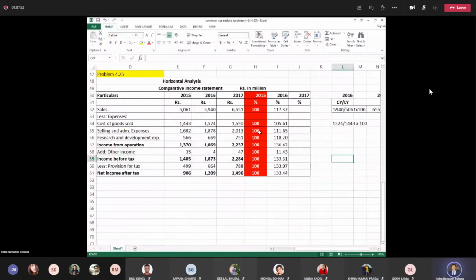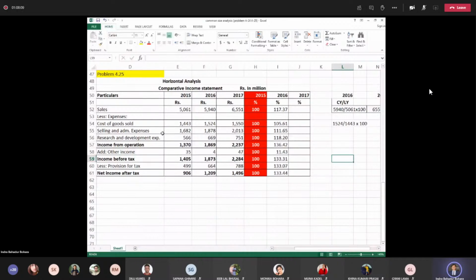Cost of goods sold only increased by 5.61 percentage, but sales increased by 17.37 percentage. So the amount of profit will certainly be increased.